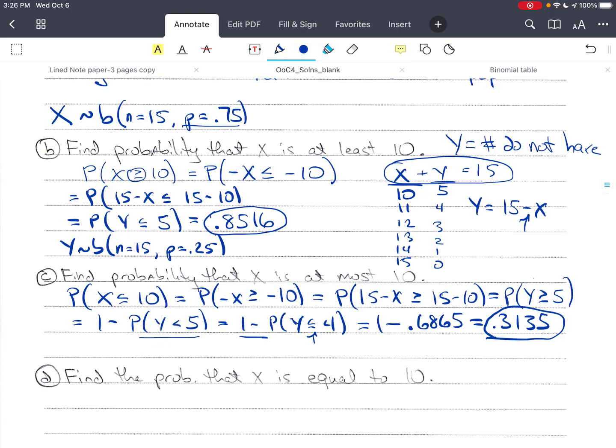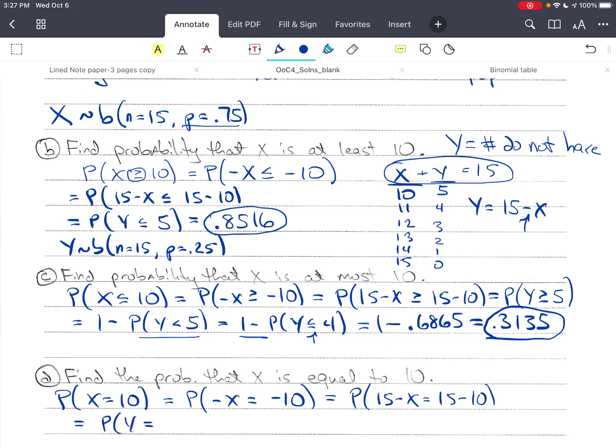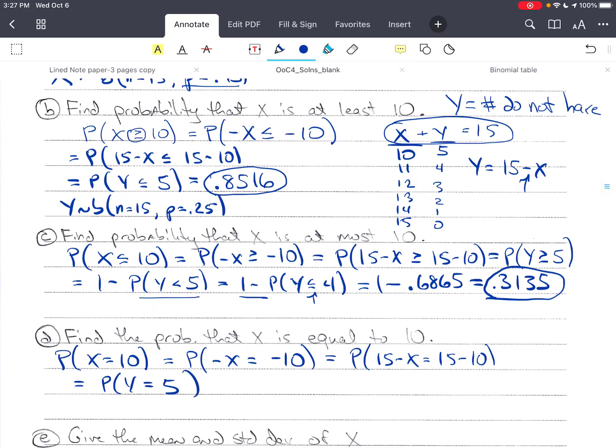Now we want to find the probability that x is equal to 10. This is going to be the probability that negative x is equal to negative 10, which is equal to the probability that 15 minus x is equal to 15 minus 10, which is the probability that y is equal to 5. And that's going to be the probability that y is less than or equal to 5 minus the probability that y is less than or equal to 4.